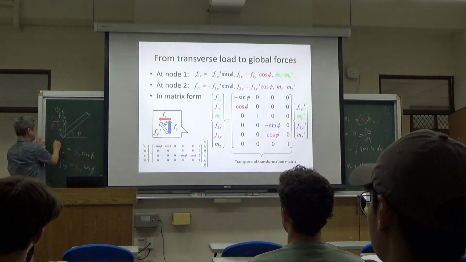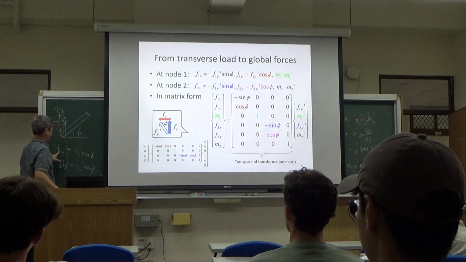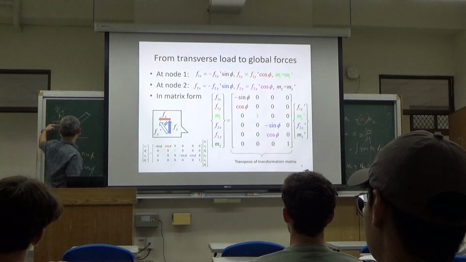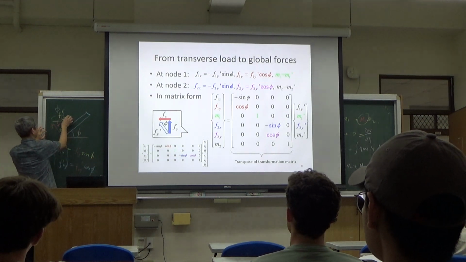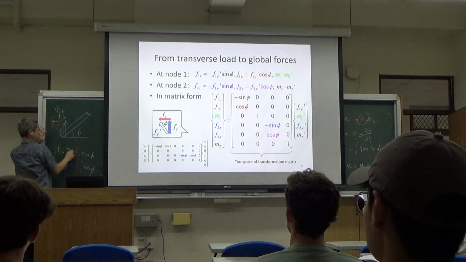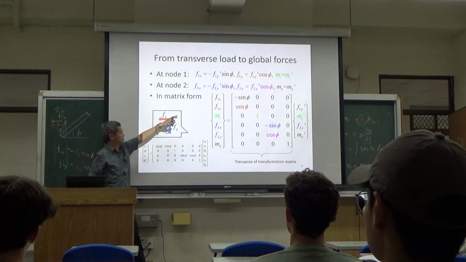So your F1 x. Okay. But because the direction is pointed backward, so this is negative.